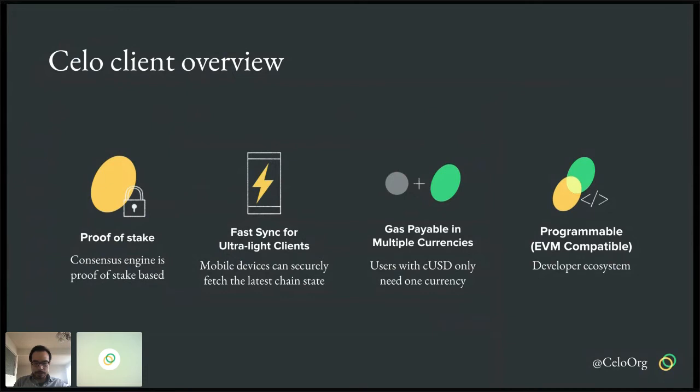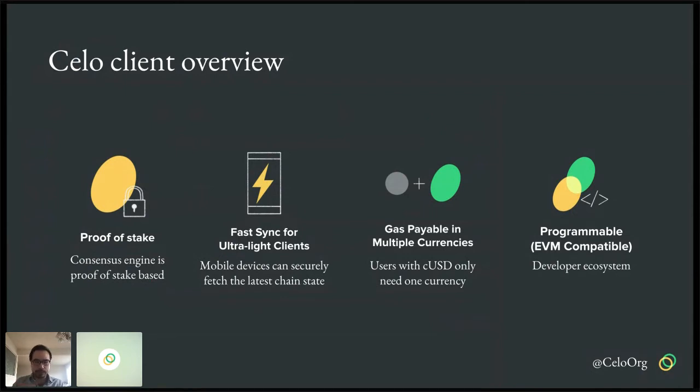Another big feature that we did is transaction gas payable in multiple currencies instead of just the native Celo token. And the reason for this is that from our user feedback, we found that it was hard for many of our end users to wrap their heads around the fact that they have to have two different currencies.